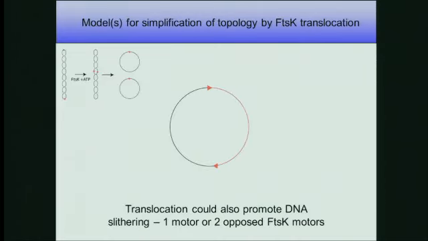So why is that? This is the sort of hand-waving, take it or leave it, believe me or not, explanation. If we've got a plasmid here with 2 dif sites, and it's supercoiled, it might sit like this or be branched. We then add XerC and D, and then add FtsK.